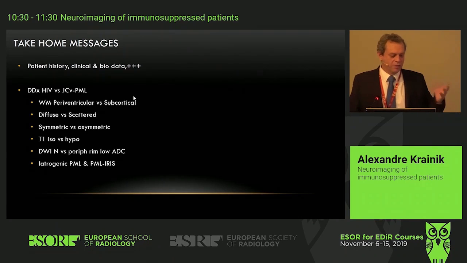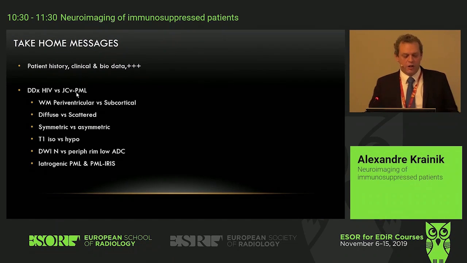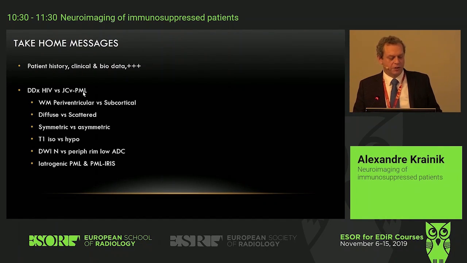An old challenge was the differential diagnosis between HIV and JC virus infection, progressive multifocal leukoencephalopathy. Both have white matter lesions, and some for HIV are rather periventricular, while for PML they are rather subcortical.